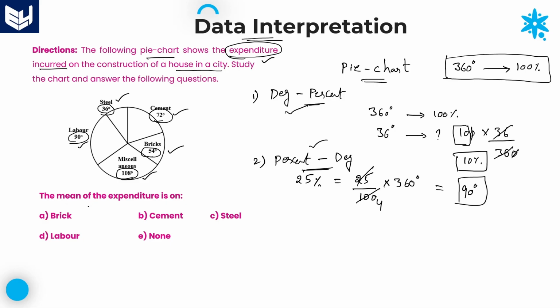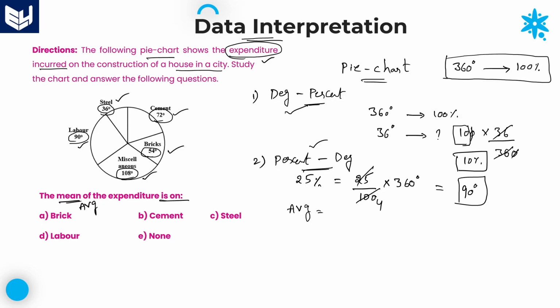See, first of all, the first question is the mean of the expenditure. Mean is nothing but average. First calculate the average. As we all know, average is the sum of observations by the number of observations.